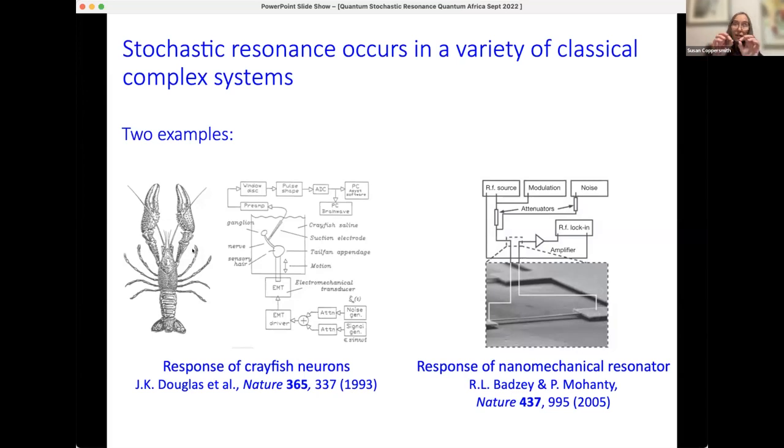You get a very small stimulus, but noise in the system causes the neurons to fire even when the stimulus is very small. And so that's very well established and interesting from a biological perspective. And then it's been used in other cases where you want to get a big response to a small drive and you want some amplification mechanism. Okay, so that's what stochastic resonance is.